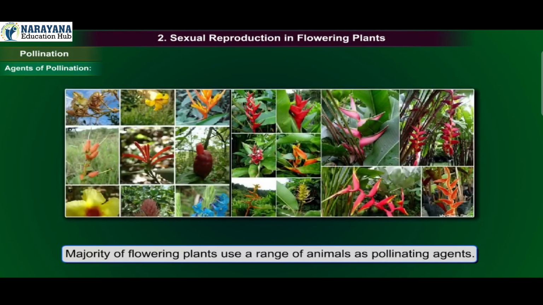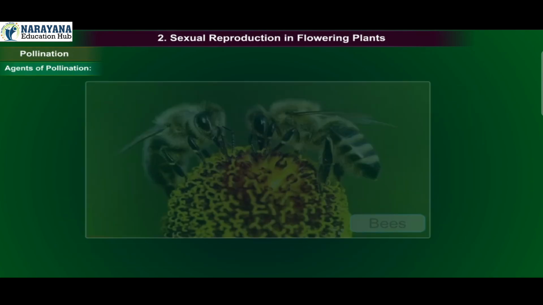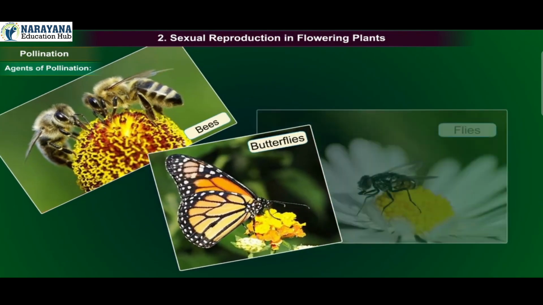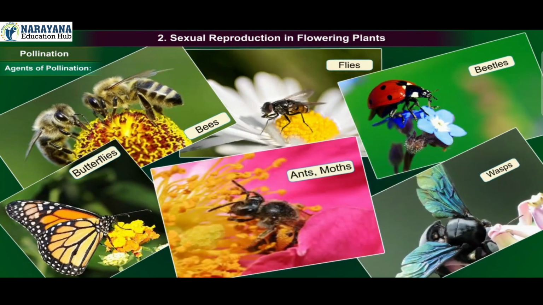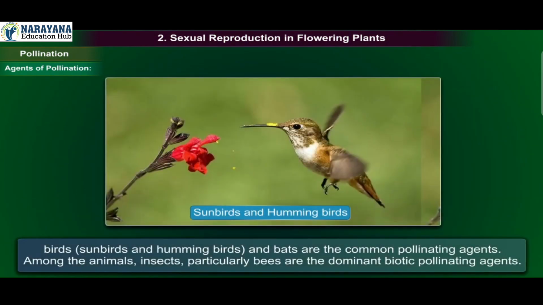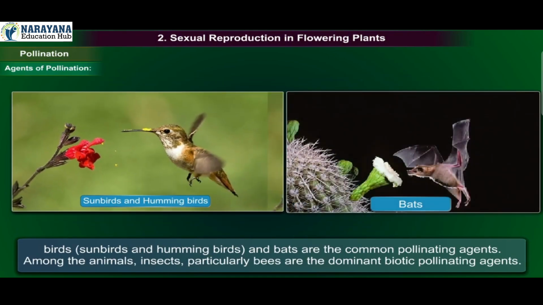Majority of flowering plants use a range of animals as pollinating agents. Bees, butterflies, flies, beetles, wasps, ants, moths, birds, that is, sunbirds and hummingbirds, and bats are the common pollinating agents.